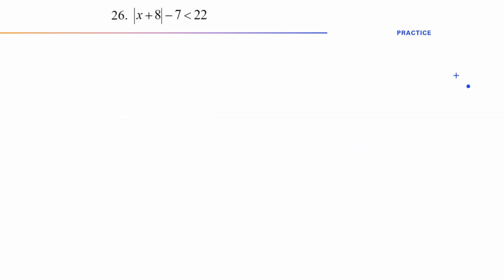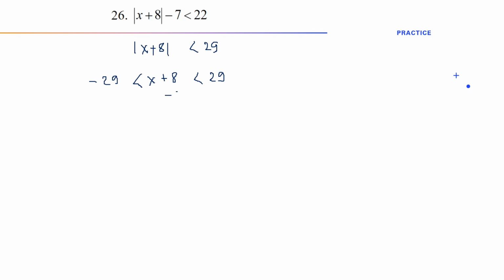All right, now number 26. We do the same. We isolate the absolute value. So 22 and 7, 29. Now we'll set up x plus a less than 29, greater than negative 29.